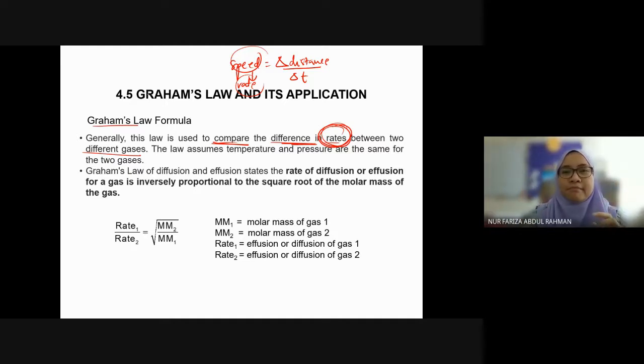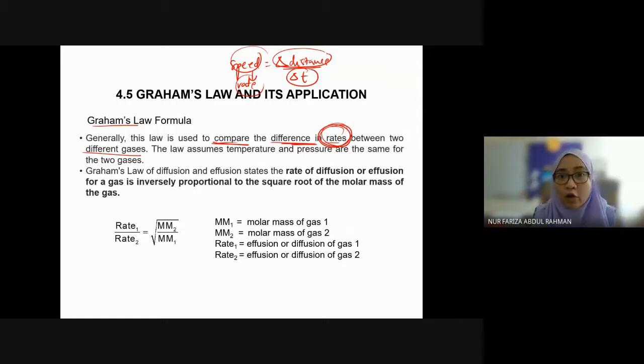So its measurement must always have time at the bottom. Up here it can be any kind of measurement. When it is over time, that is what we call rate. The general term is rate. It is called speed if we use distance over time.